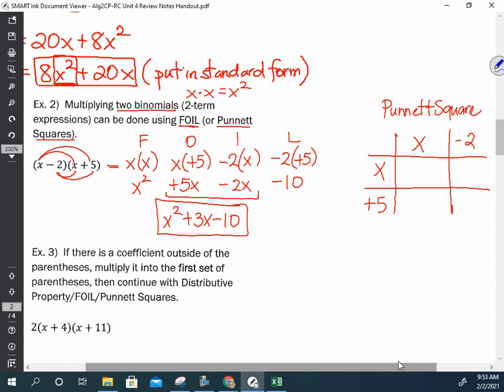So x times x gives you x squared, x times negative 2, negative 2x, 5 times x, 5x, 5 times negative 2, negative 10. If there's anything that you would need to combine, you would most likely see it on the diagonal. So there's your 5 and your 2. So that's still x squared plus 3x minus 10.